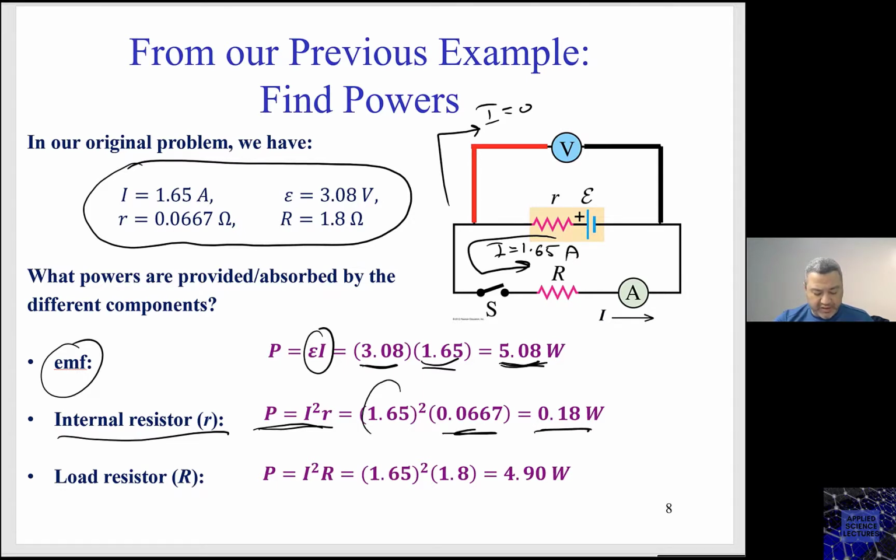For the circuit resistance, capital R, also I squared R, 4.9. Now if you add those two, it should give you the total power supplied by the electromotive force.